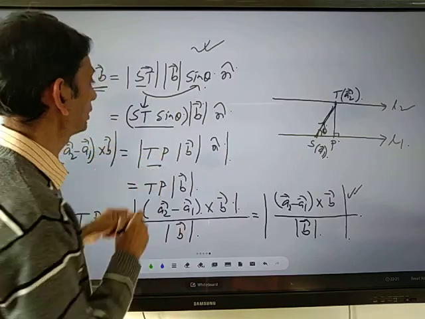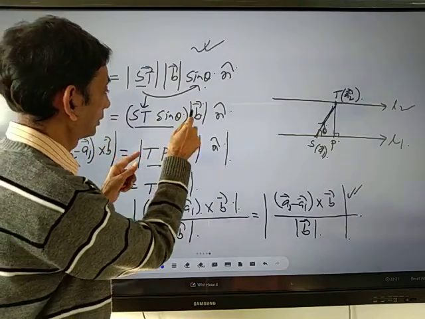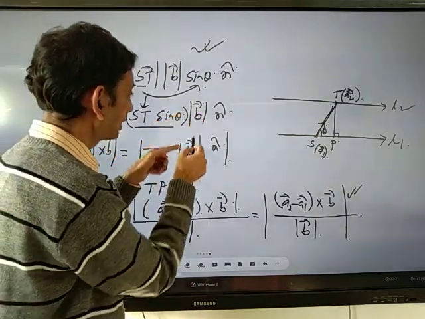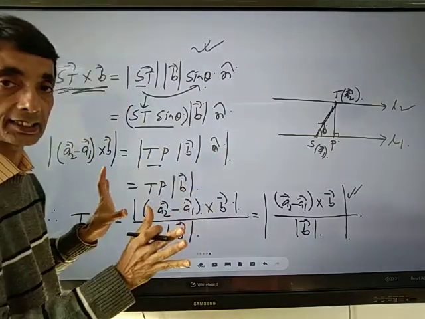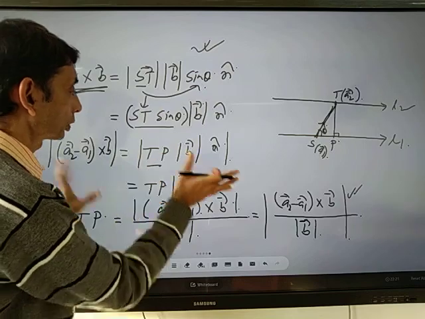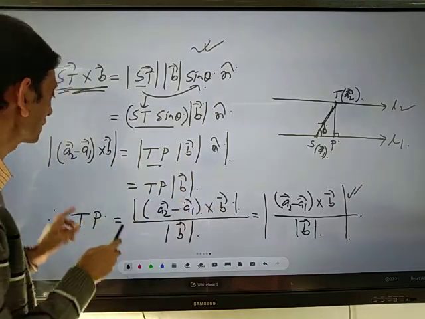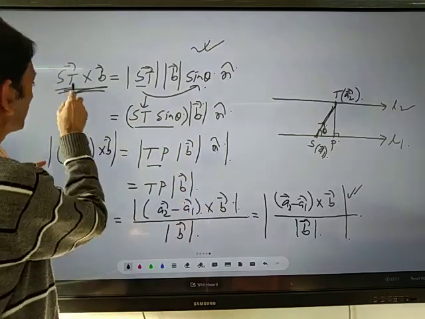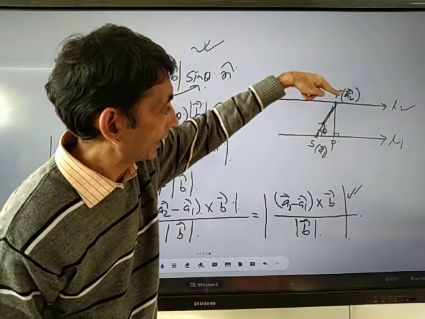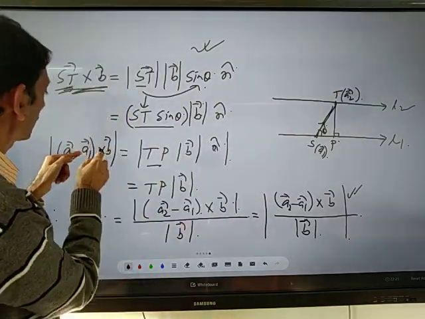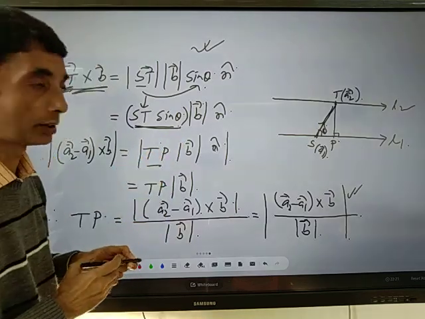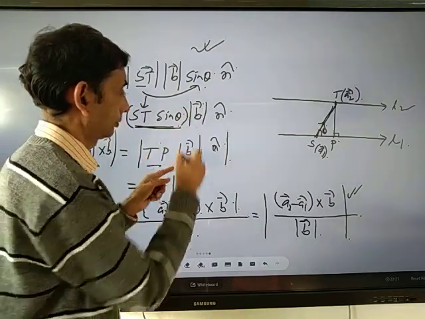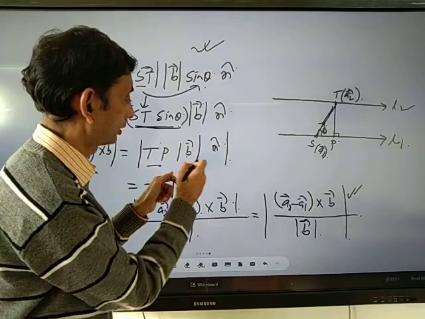So this is TP, and you can keep this one as vector mod b and n cap. Next, we take the mod on both sides. Mod ST is the vector joining two points, a2 minus a1 cross b, equal to ST sin theta, which is TP, times vector mod b and n cap.